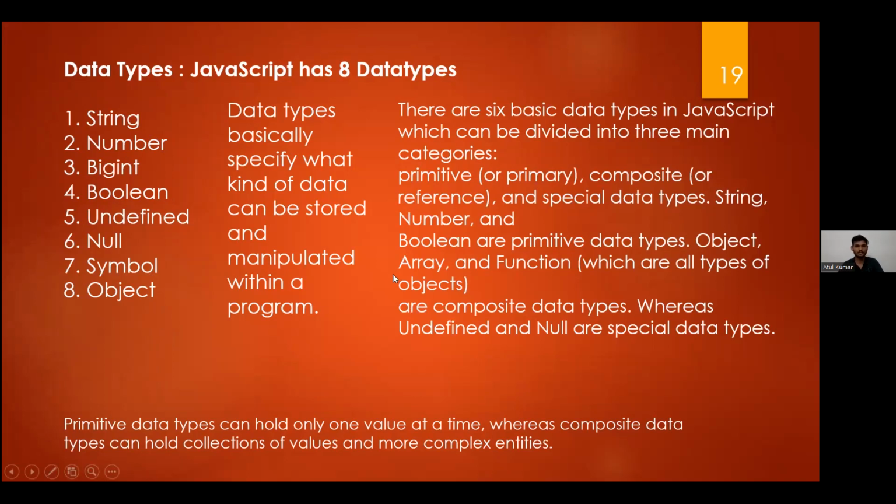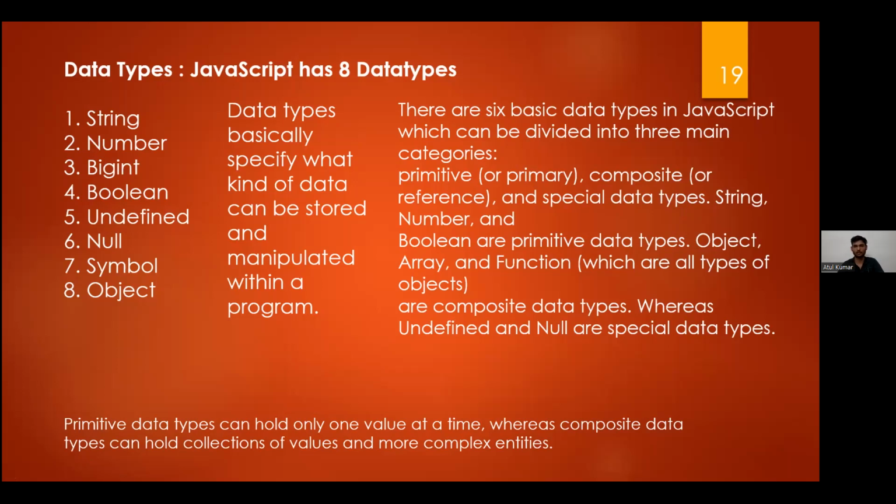Basically, data types are for storing data that can be manipulated within a program. There are six basic data types in JavaScript, which can be divided into three different categories. The first type is primitive data types, the second type is composite data types, and the third type is special data types.